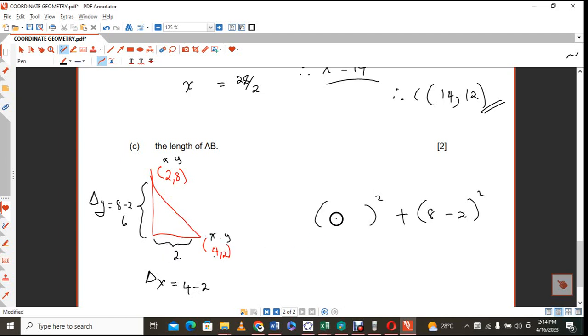But if I was to write it here in this formula, I will start with the x value of 2 because I started with the 8 value there of the second one. So I'll say 2 minus 4. Anyway, anything that you square will give you that answer. Since this involves Pythagoras, this is basically what you're going to get.